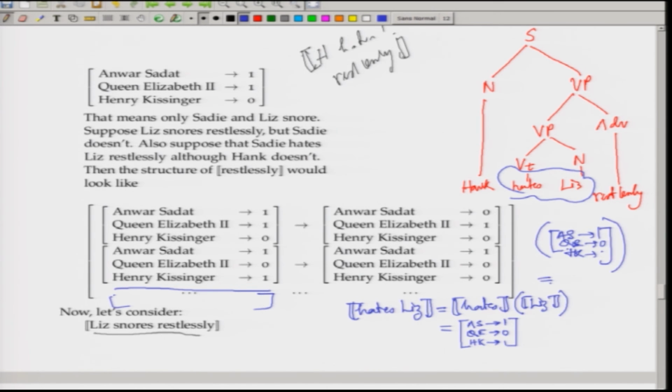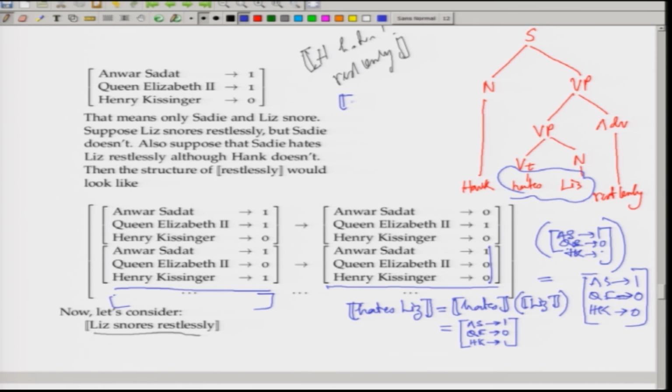Now, what comes out is this function, which is actually AS 1. I'm copy pasting these values, and QE goes to 0 and HK goes to 0. So this much we have done. Then what is hates Liz restlessly?